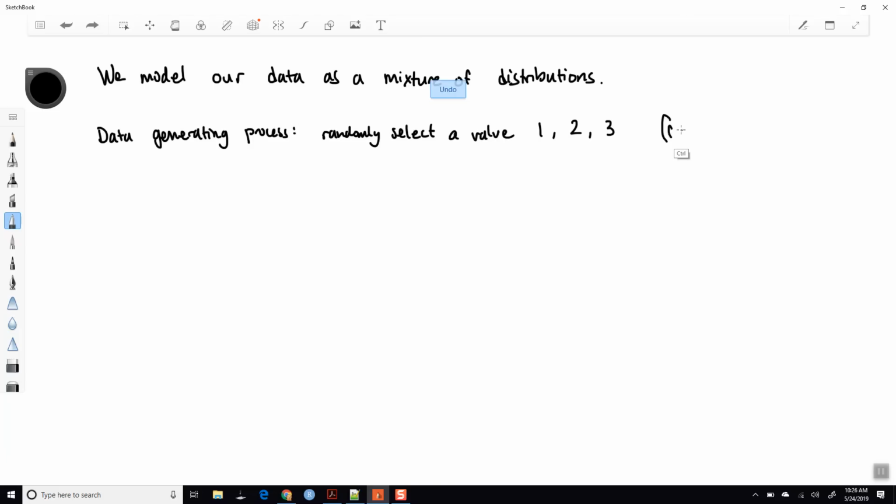for a mixture of 3 distributions. So let's say we've got a mixture of 3 distributions. We're going to randomly select a value with probabilities, alpha, and we've got half come from distribution 1.